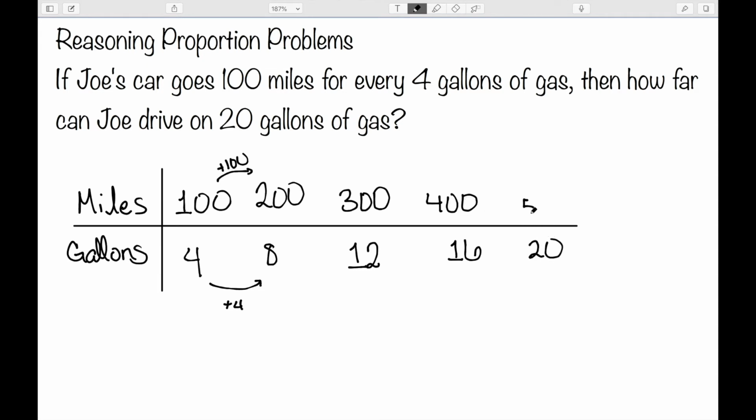And 400 plus 100 is 500. So we now have our solution that he can go 500 miles on 20 gallons of gasoline.